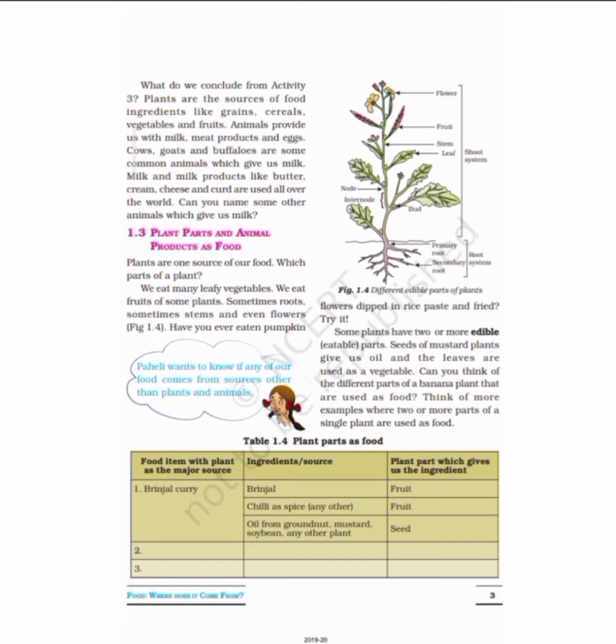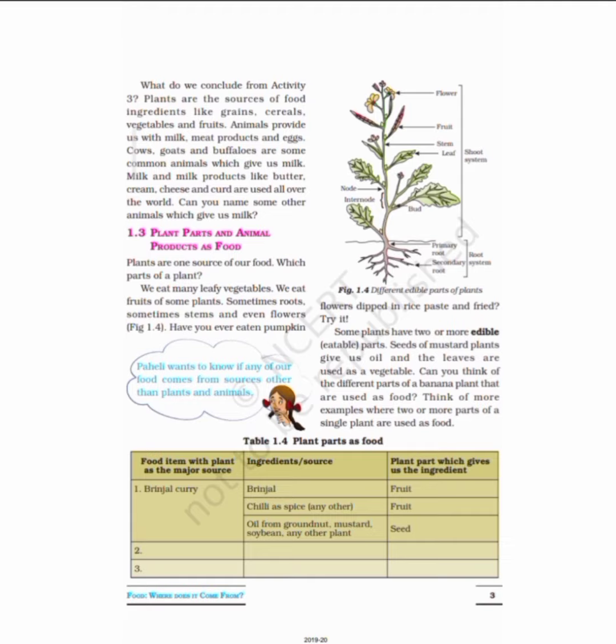I'll quickly sum up what we have learned. We have learned that there are varieties of food and we eat different kinds of food at different times, and these food items are made of different ingredients. Ingredients are substances that are combined to prepare a dish.